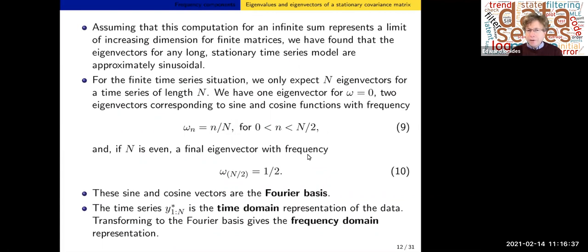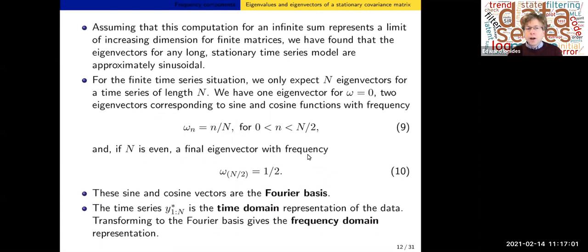If N is even, then we get one final eigenvector with frequency 1/2, and that gives us our N basis vectors for the N-dimensional space that make up the Fourier basis.